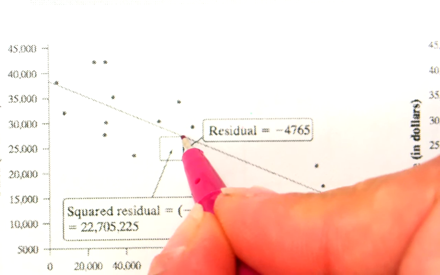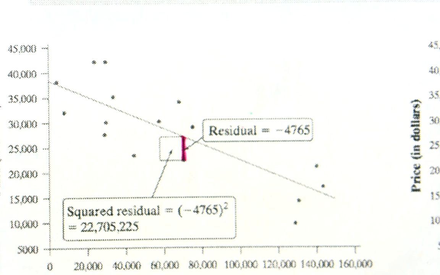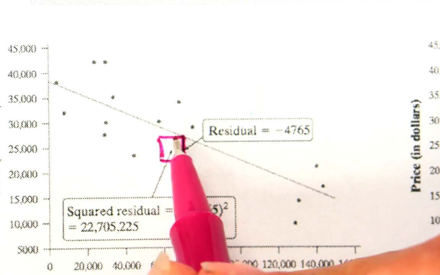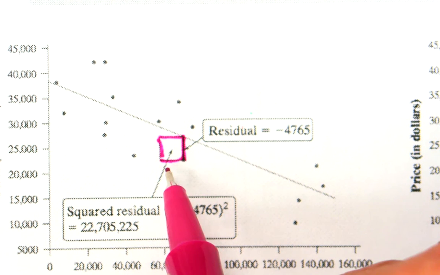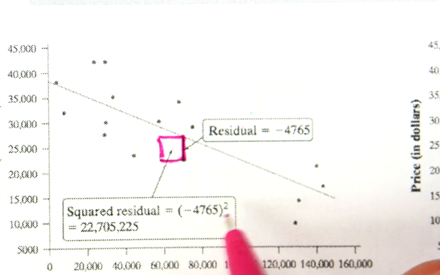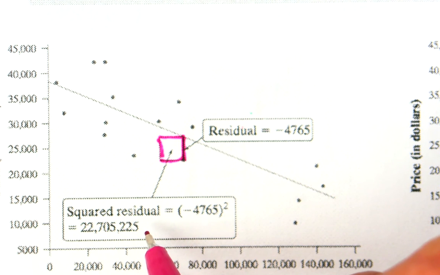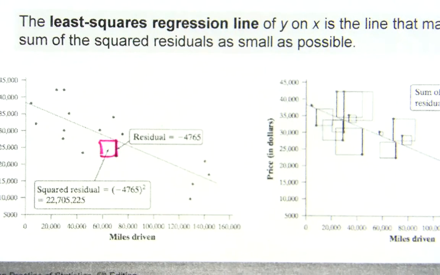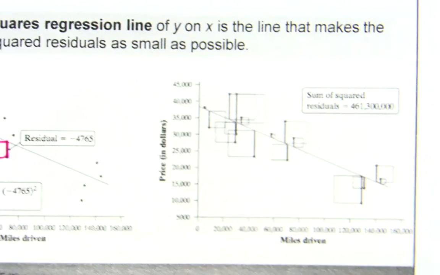If you take this line right here, which is 4,765, and make a square with it, it's 4,765 all the way around. You take the square of that, which gives you a positive value, and the area of this square is going to be 22,705,225.